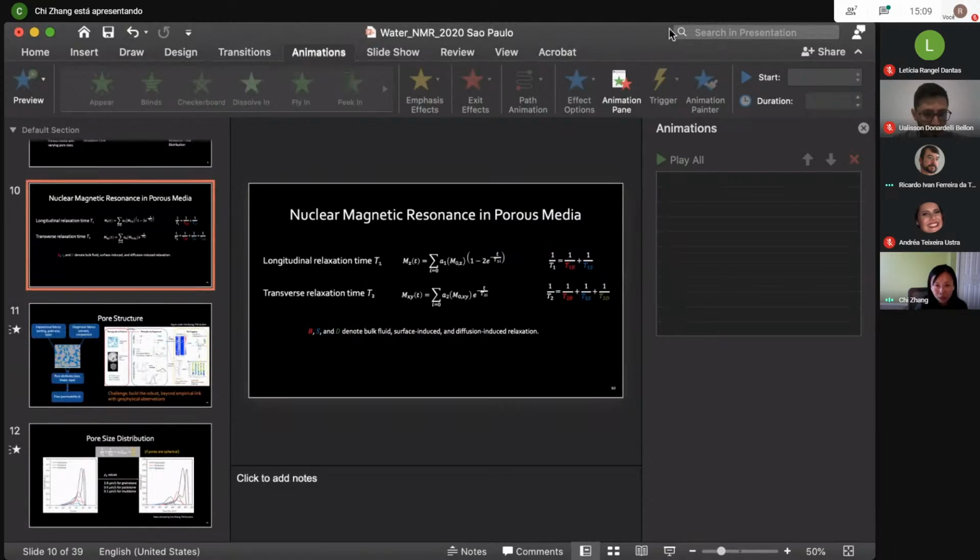If you can see this one here, the diffusion term, the T2D, the diffusion relaxation time, also comes from the inhomogeneity of the magnetic field. So if you have the existence of, for example, paramagnetic minerals, it's definitely going to impact your signal.